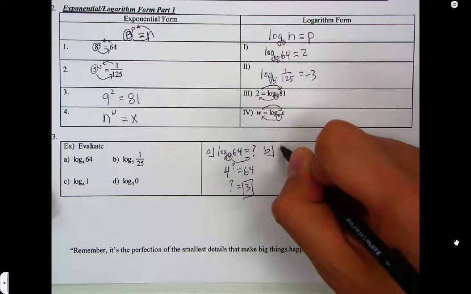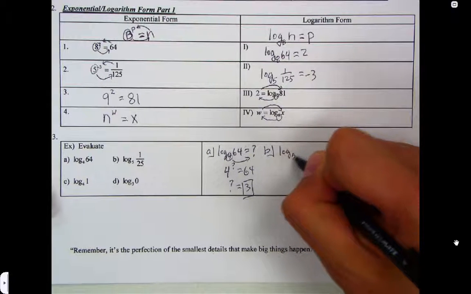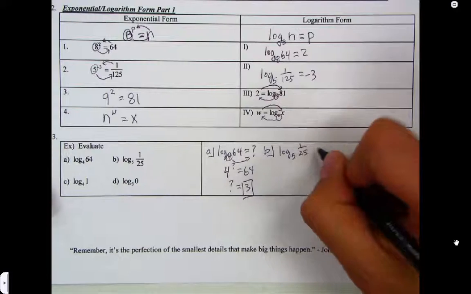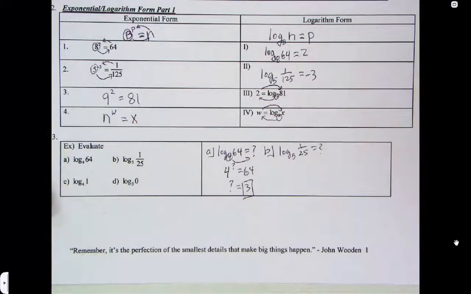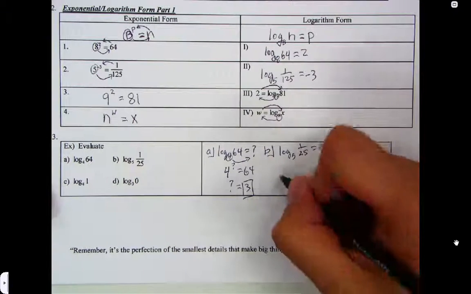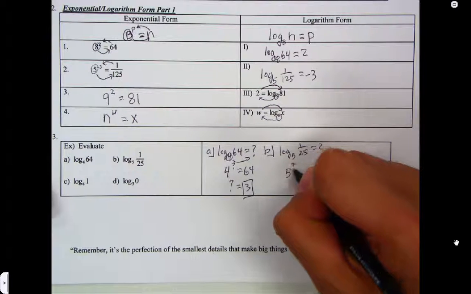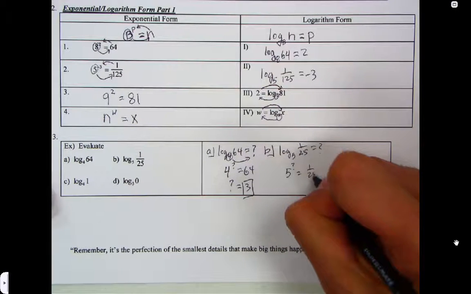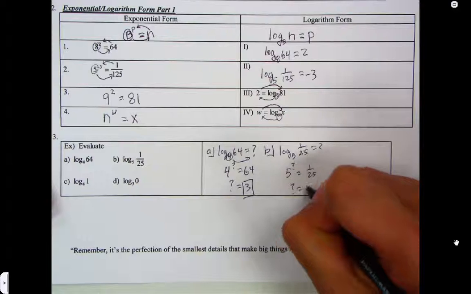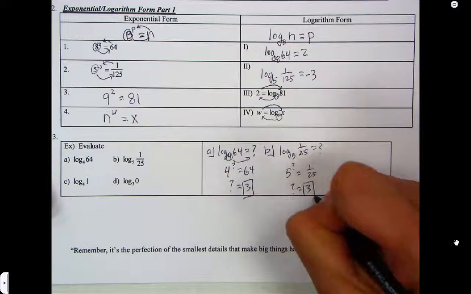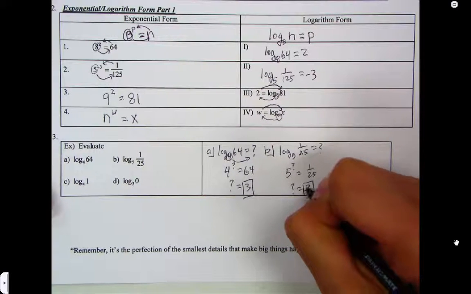B, log base 5 of 1 over 25 is equal to what? Rewrite this in exponential form. 5 to the what will give you 1 over 25. So that would be negative 2.